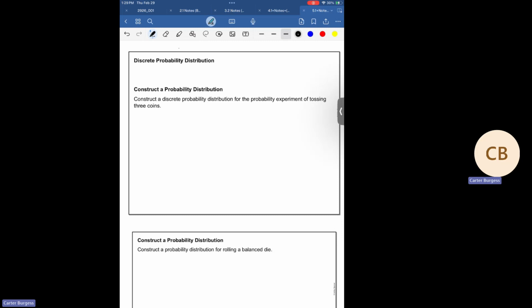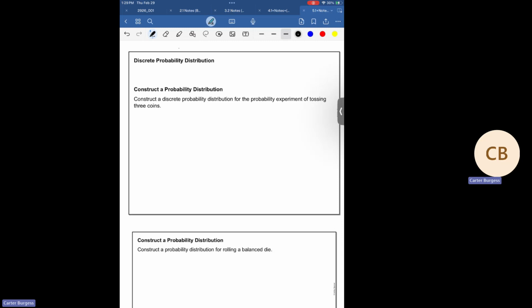Let's consider, again, a discrete probability distribution function for the likelihood of tossing 3 coins and getting certain results. For all of these PDFs, we're going to need a random variable to work with. We need like a condition to measure. If we're just tossing coins, then there's not really a thing to measure.